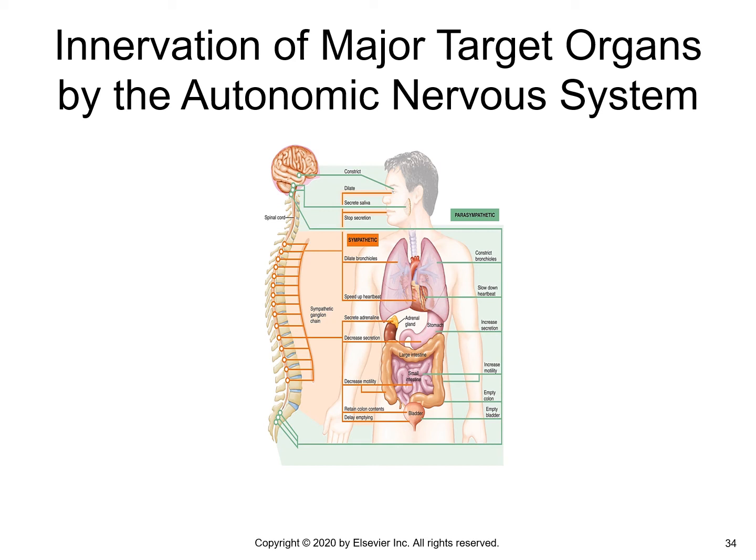And then the parasympathetic nervous system constricts bronchioles, slows down the heart rate, increases secretion, increases motility, empties the colon, and empties the bladder. So please review diagram 9-19 on page 196.